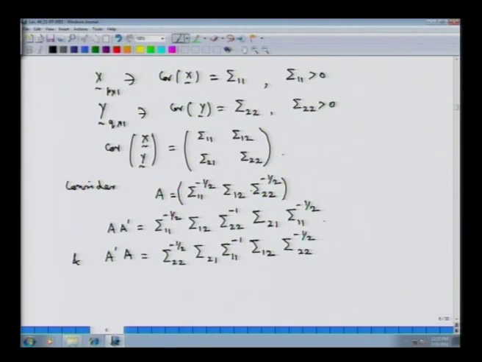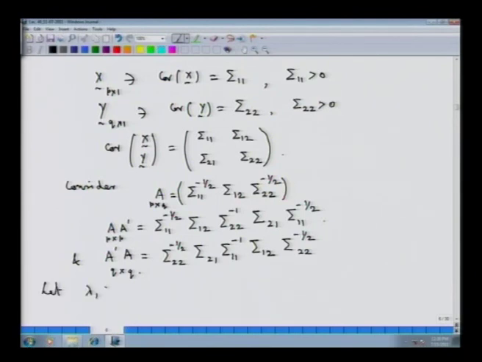Now, what is the order of this matrix A? This is P by P, this is P by Q, and this is Q by Q. So, this has an order which is P by Q. So, this A A prime matrix is of the order P by P, and A prime A matrix is of the order Q by Q. Now, we note the two following important observations. Let me define these eigenvalue eigenvector pairs.